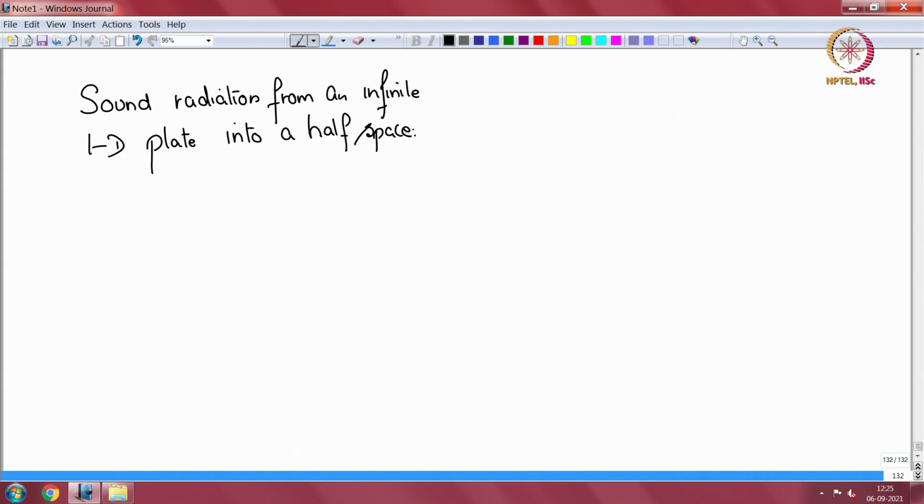I had used this schematic earlier to demonstrate coincidence, but we will do a little bit more now.